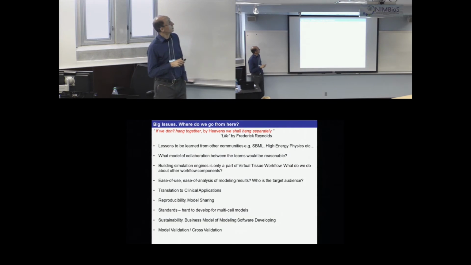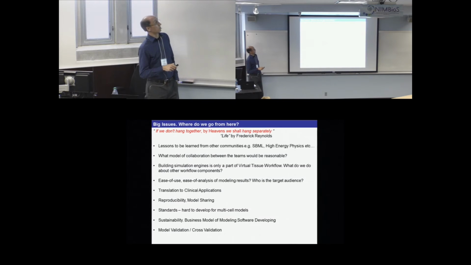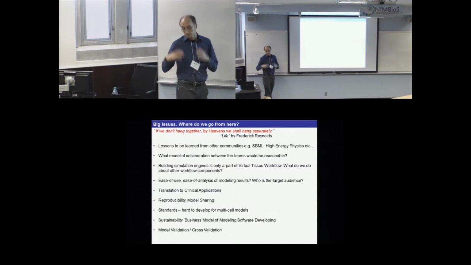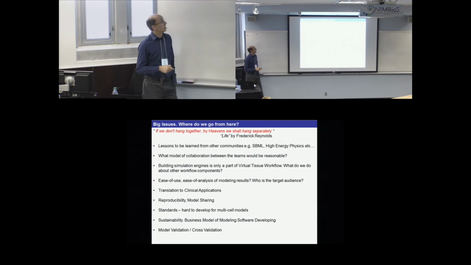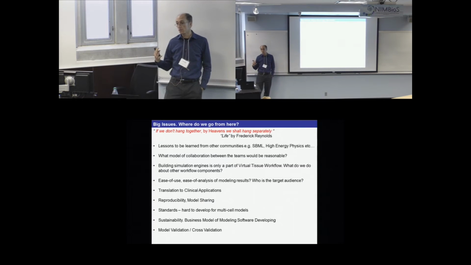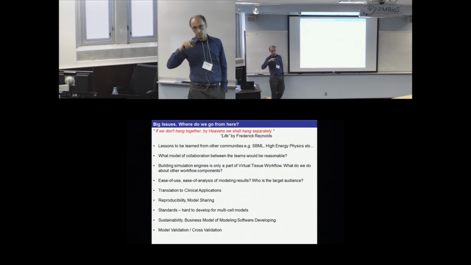So what should we learn from other communities? If you look at the SBML community, they have a standard, they have 200 tools. High energy physics is another big community where nobody builds their own physics simulation toolkit.